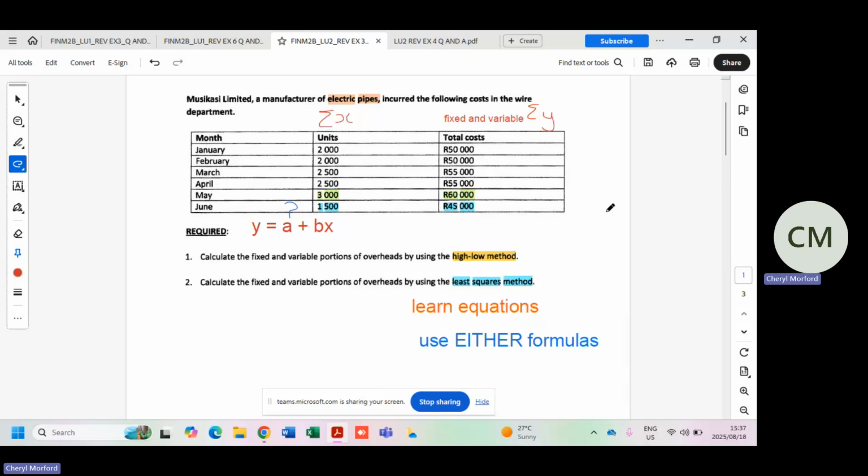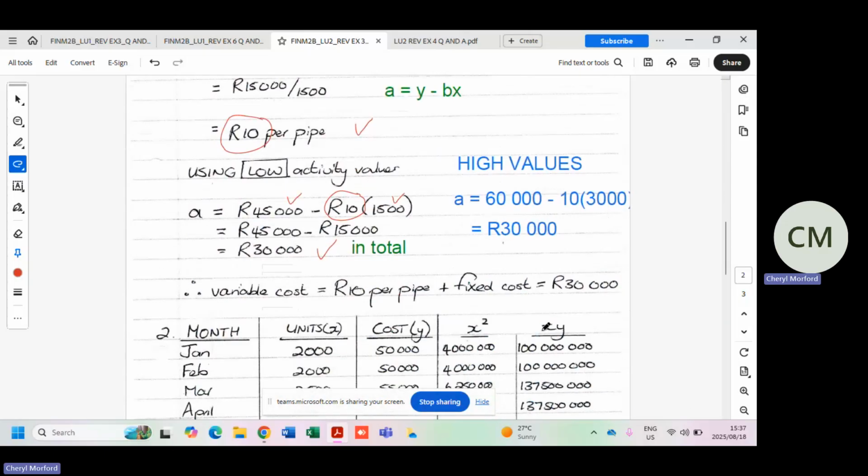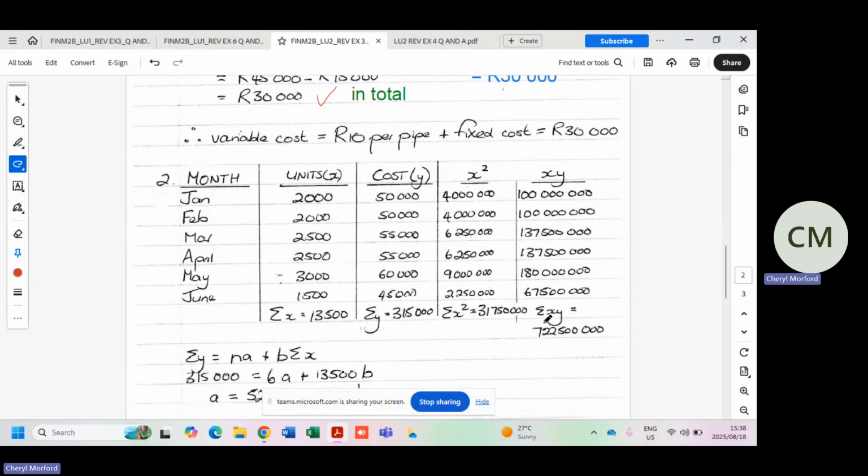But you will get more marks for XY added together and X squareds added together. So pop all of that into a table. That's pretty straightforward. So I'm not going to really waste any time on that.